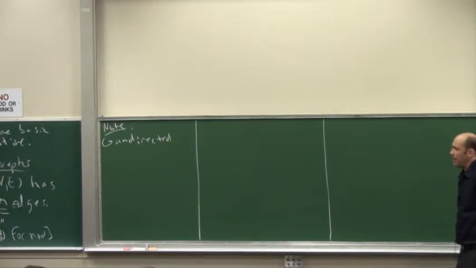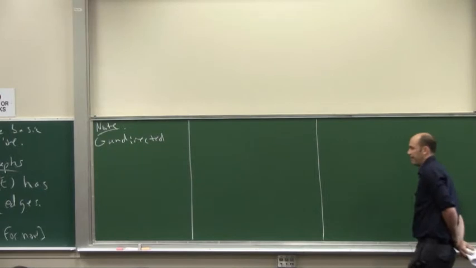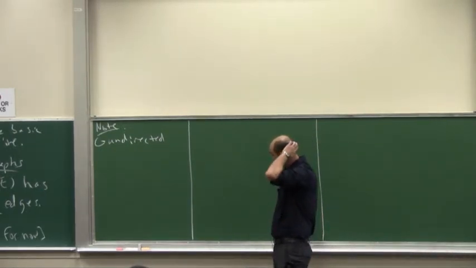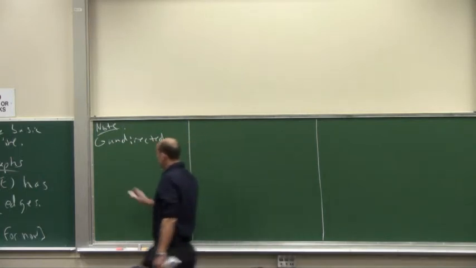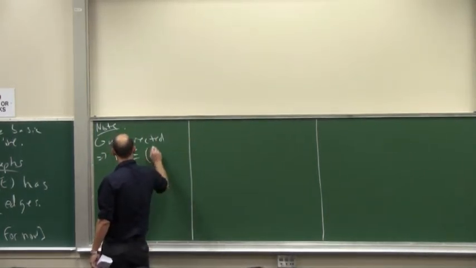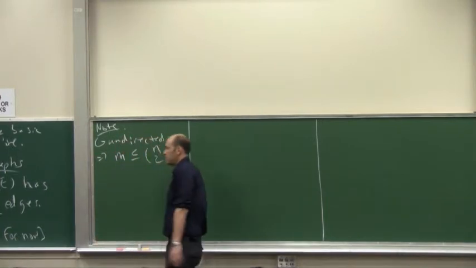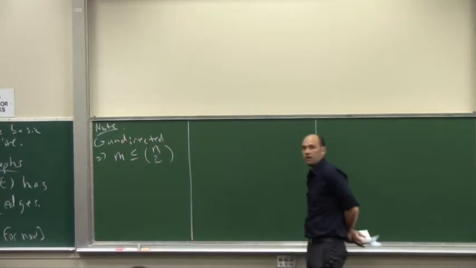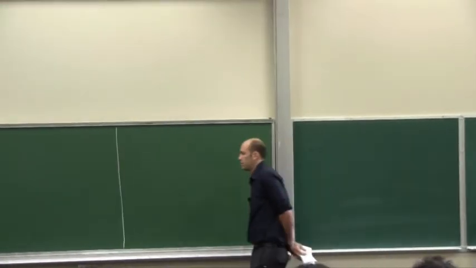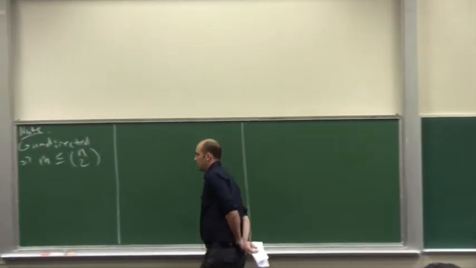How large could m be, the number of edges, as a function of n, the number of vertices? Yeah, n choose 2. Right, so the densest possible graph would be fully filled in. It's called a clique. For each of the pairs of vertices, there would be an edge. So that's the biggest it could get.